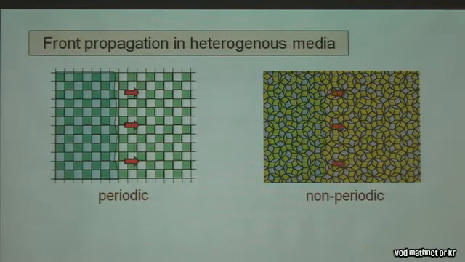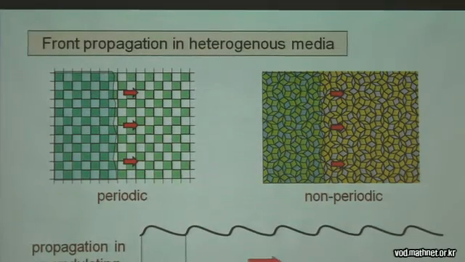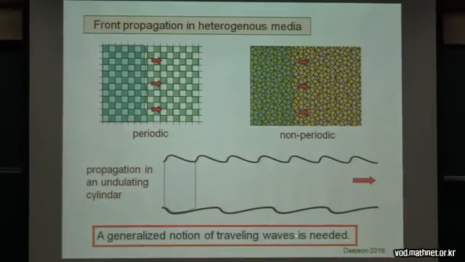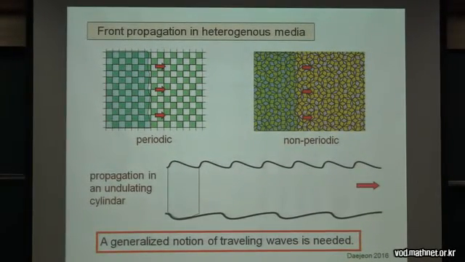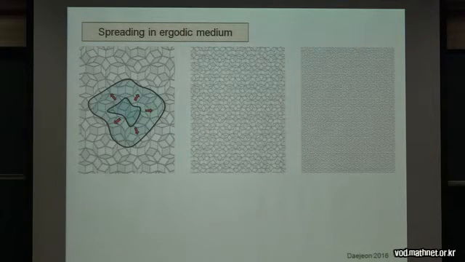To understand a traveling wave in such a medium, or propagation in such a medium, a generalized notion of traveling wave is needed, which is the focus of my next talk. Also, spreading in an ergodic medium is a very, very difficult subject.